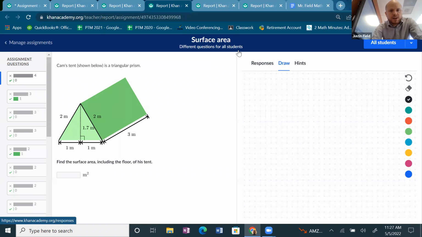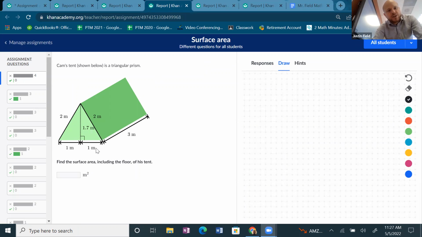So how about this surface area? When we're trying to find the surface area, we want to find the area of all the surfaces. This looks like a tent to me, a tent that has a front and a back. So we write FB. It's the same shape, that triangle. The base of the triangle is 2, the height of the triangle is 1.7.